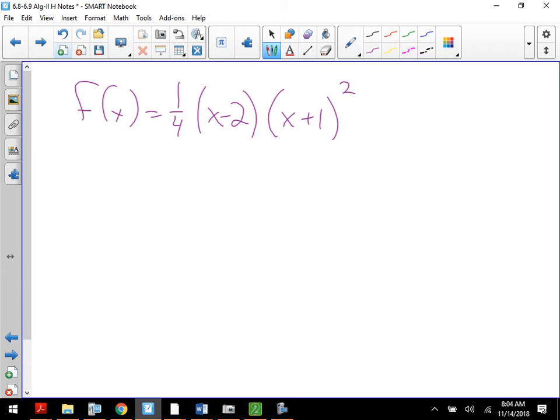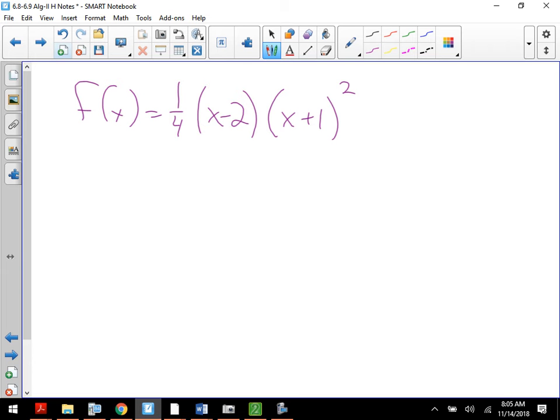if I ask the rough sketch this, what are your zeros? 2, -1, and -1. When you have junk squared, that means it's junk times junk.